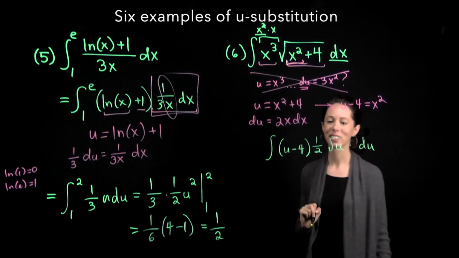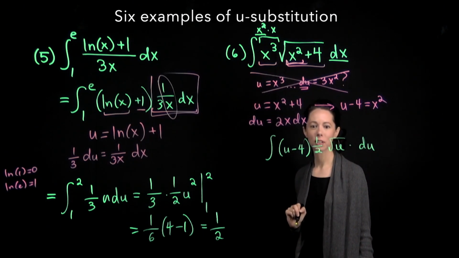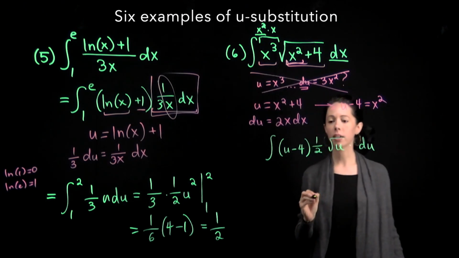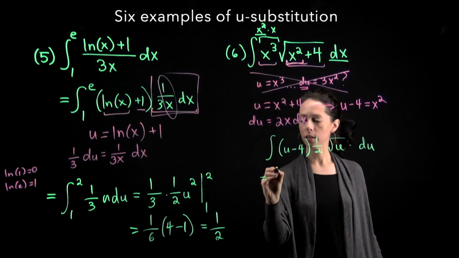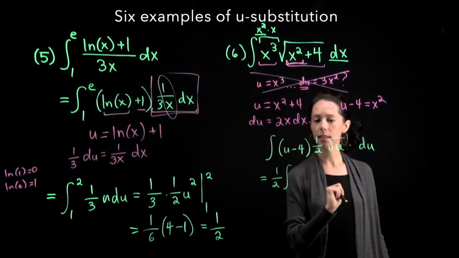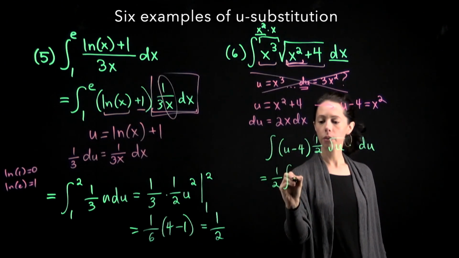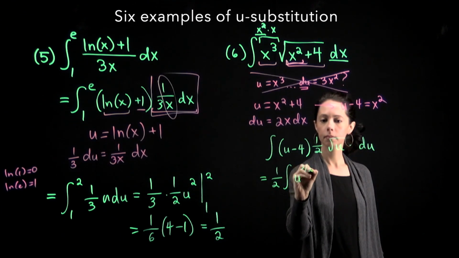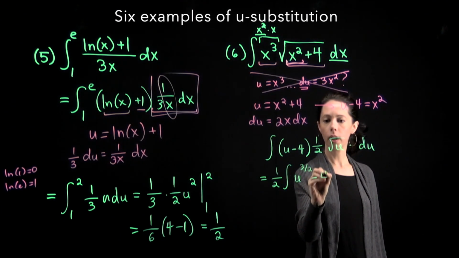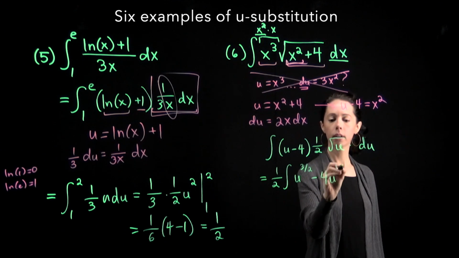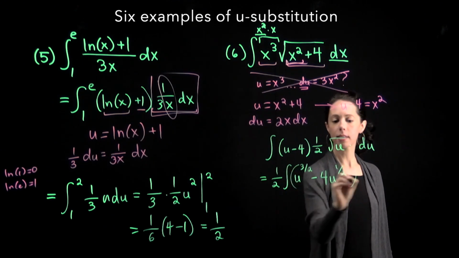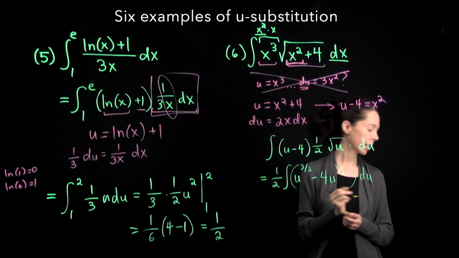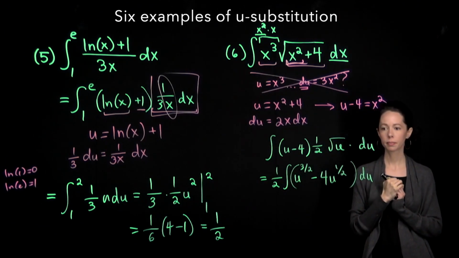Okay, so let me rewrite this as 1/2 times the indefinite integral of u to the 3/2 power minus 4u to the 1/2 power. I'll step back and see if that looks correct. So go ahead and check what I've done here.